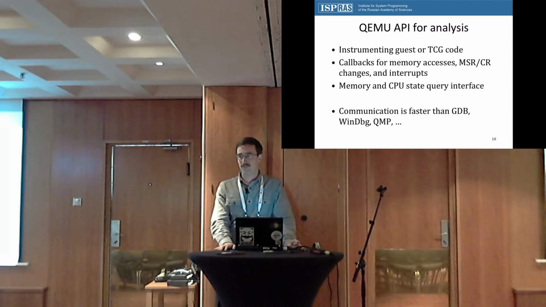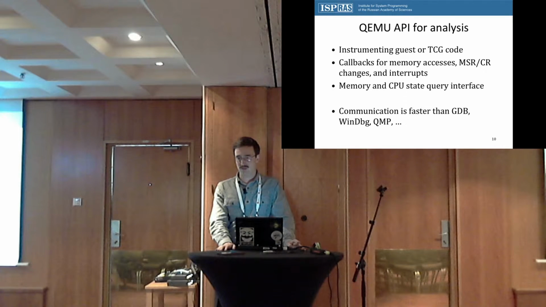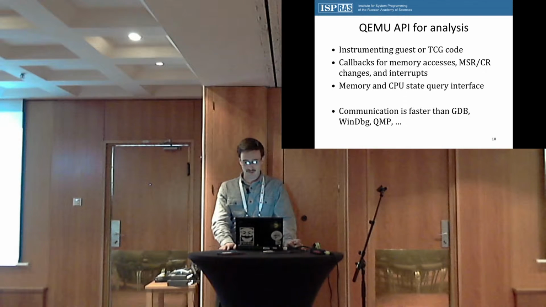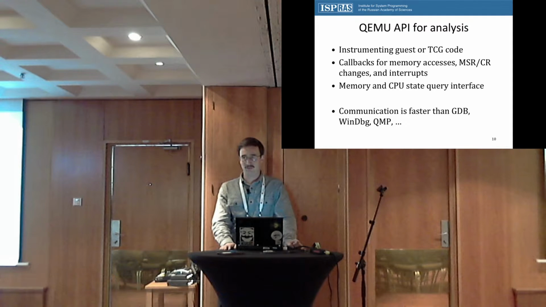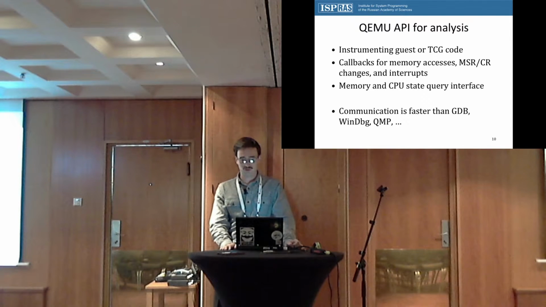That's why for high intensity and high frequency events like instruction or memory accesses, this approach is inapplicable, and that's why we looked at the native API, like exported functions that can be used for instrumenting TCG, that will be called for memory accesses, MSR or control register changes, and something like that.